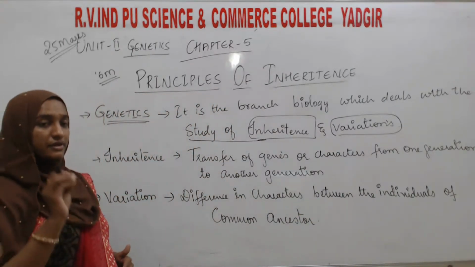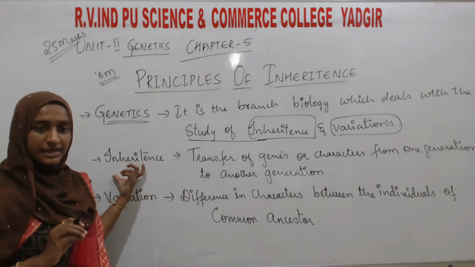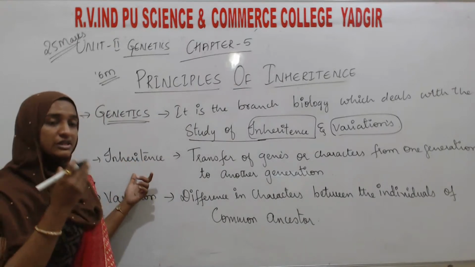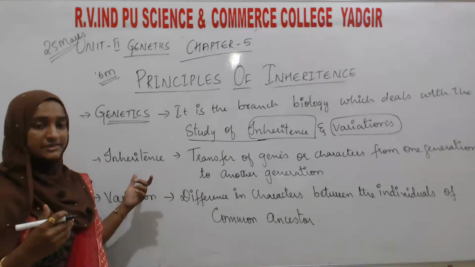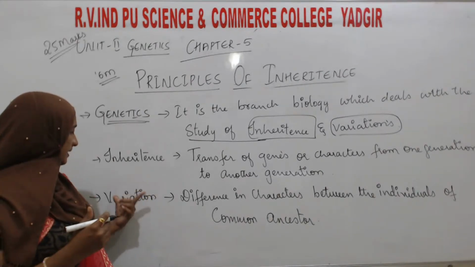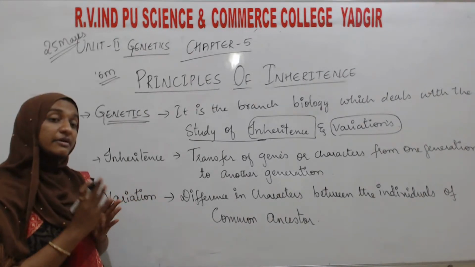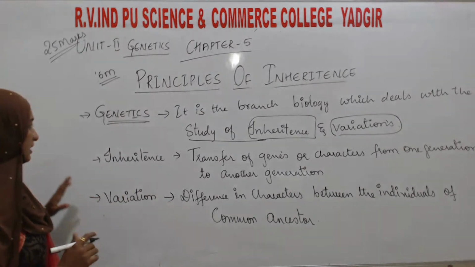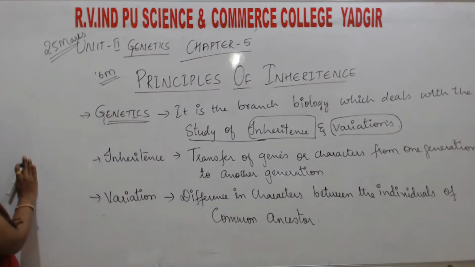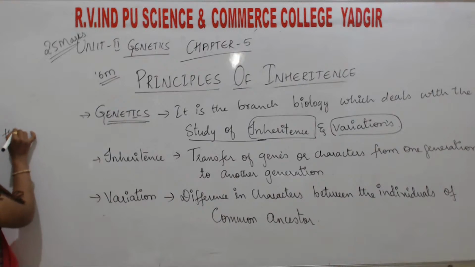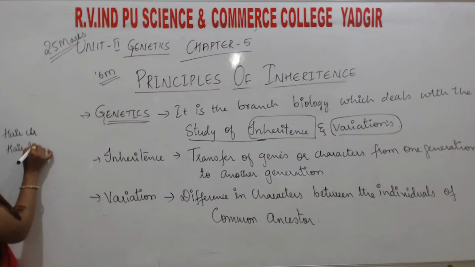Just now I explained about inheritance, where the genes are going to transfer from parents to the next generation. Then what do you mean by variation? Here you see one example I have shown you about hair color and hair type.